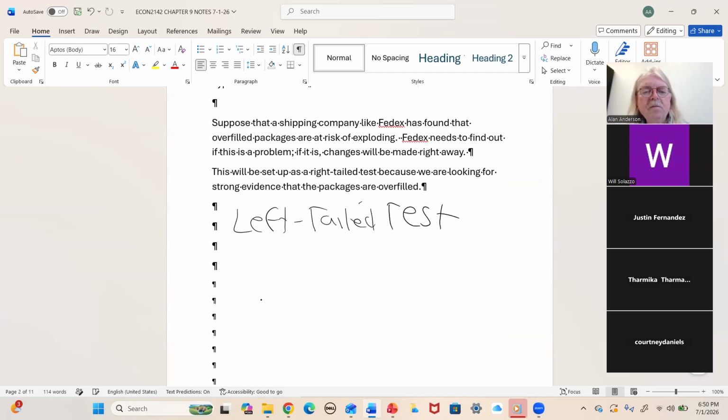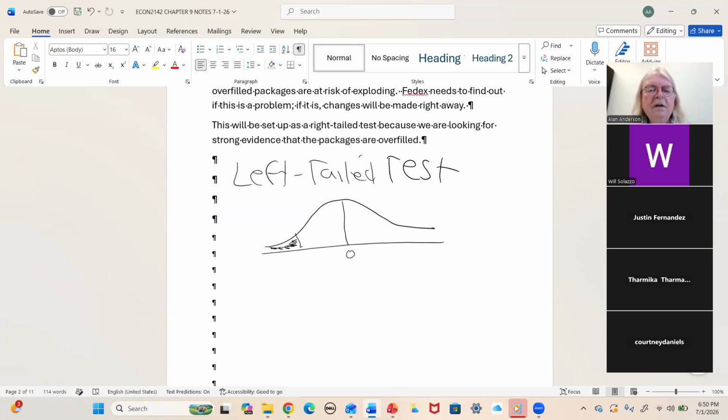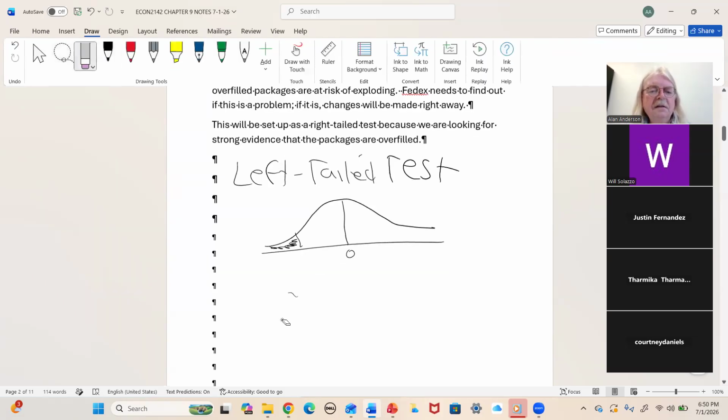Of course, the word tail will refer to, at least in this chapter, the normal or the t distribution, looking at this area down here. And so the null and the alternative are set up in the following way. The alternative, rather, is the one we're looking for evidence of.